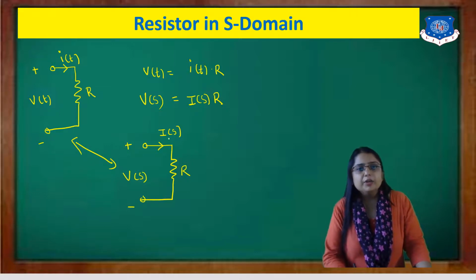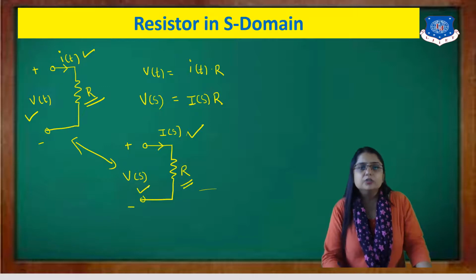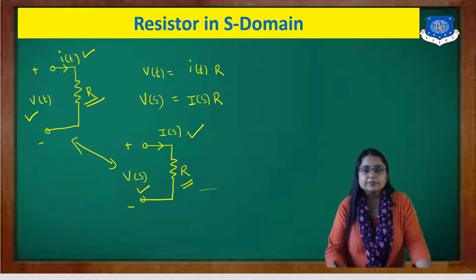In the time domain or the frequency domain, this resistor will remain as it is. Only I of t becomes I of S, and V of t is converted into V of S.